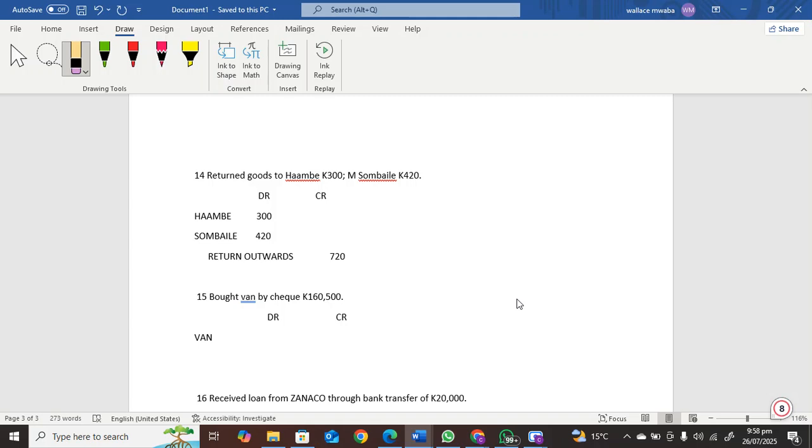Van is an asset, increase in an asset, 160,500, you debit. Then bank is also an asset. Since money is coming out of the bank account and is reducing, reduction in an asset, you credit. So you credit bank 160,500.